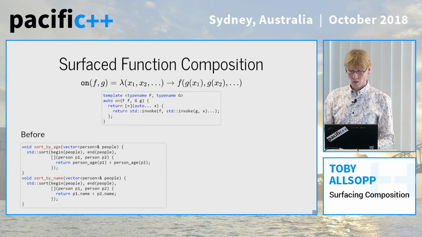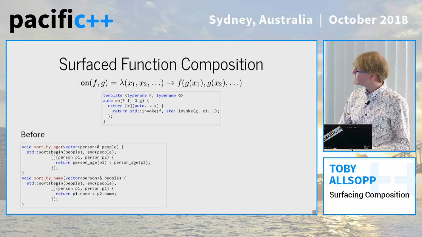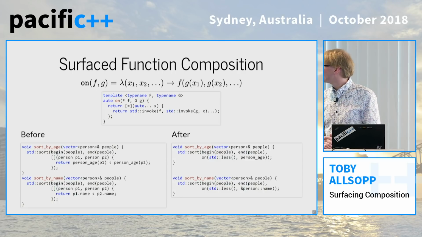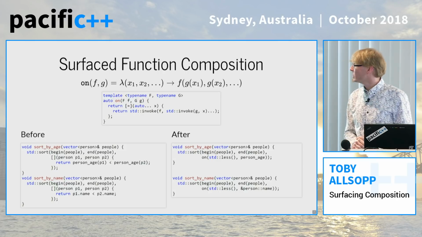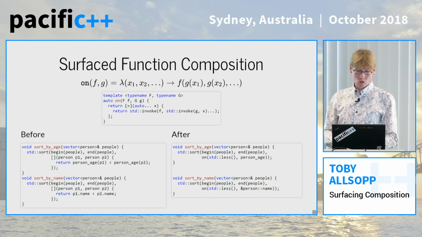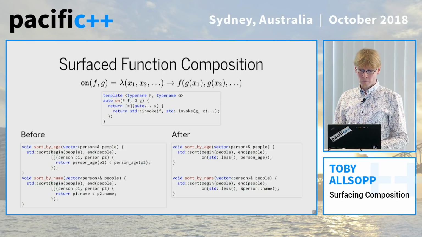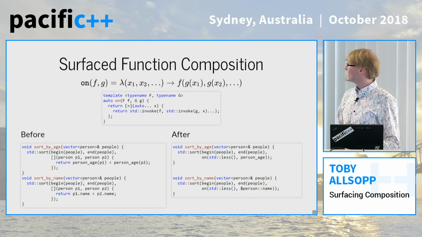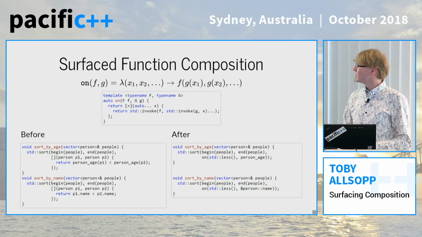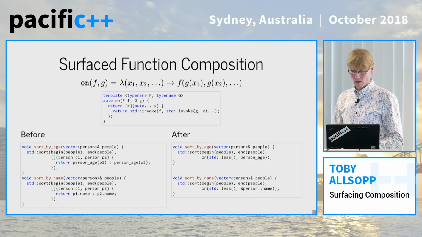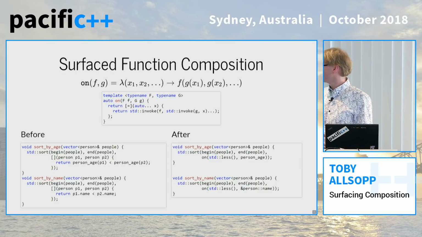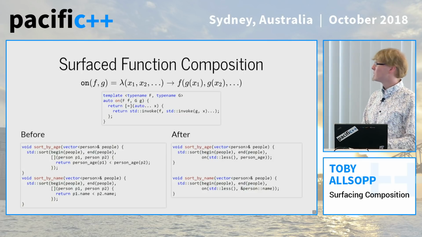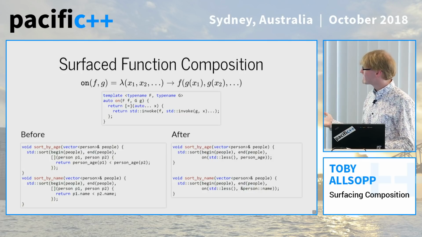So then we can transform our sort functions into an explicit function composition. So the first one, sort by age, we're composing with our on higher order function the less operator with person age, and then sort by name we're composing less with person name.